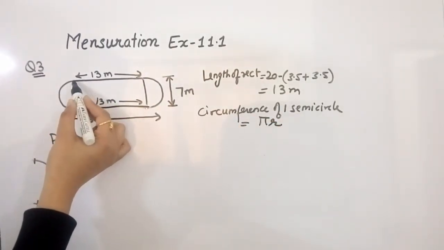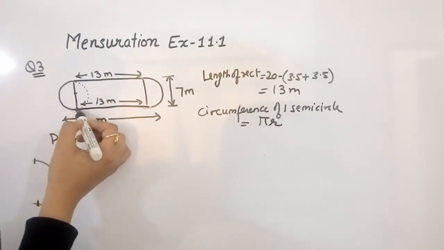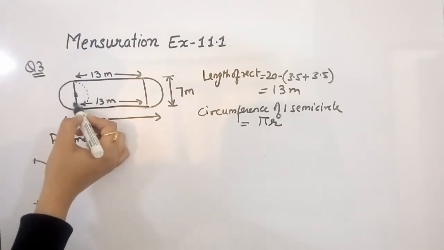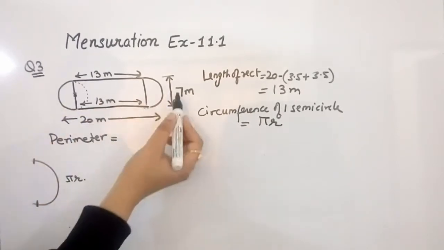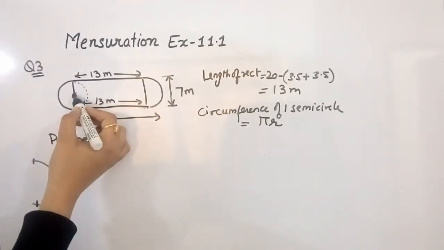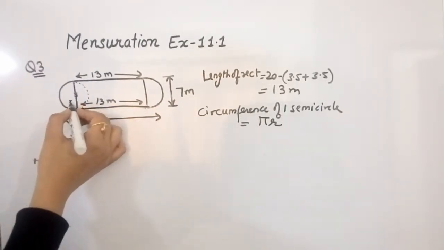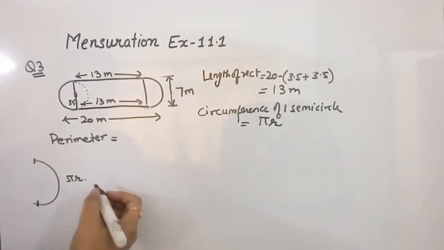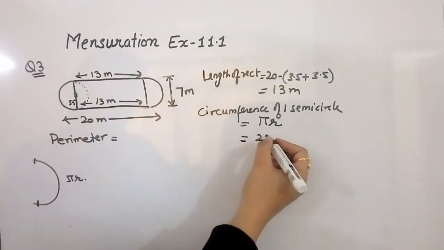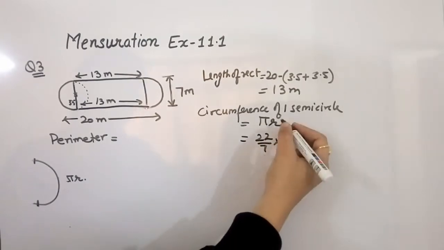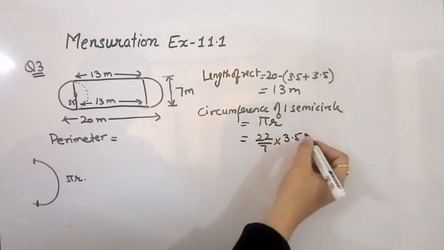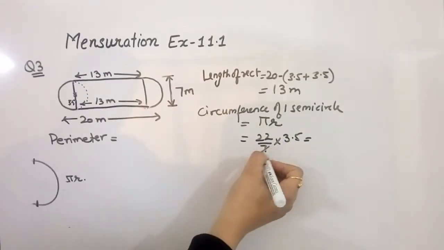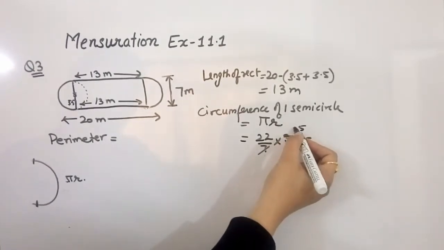If this is complete circle, then radius should be half of this diameter. If total is 7, then radius is 3.5. So 22 by 7 into radius is 3.5. This comes out to be 7 5 is 35, but this is 0.5.